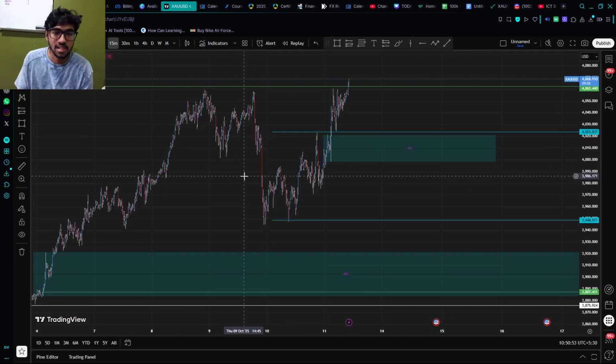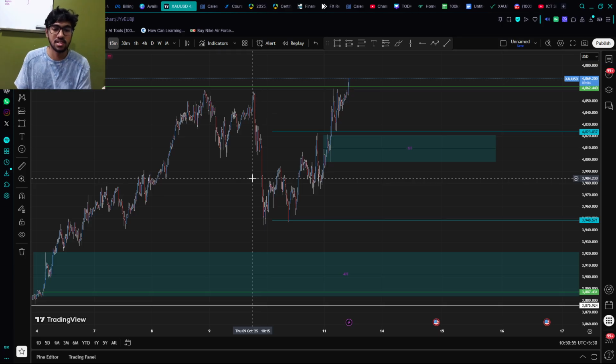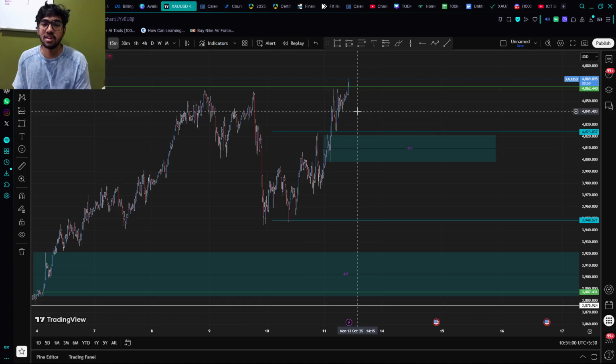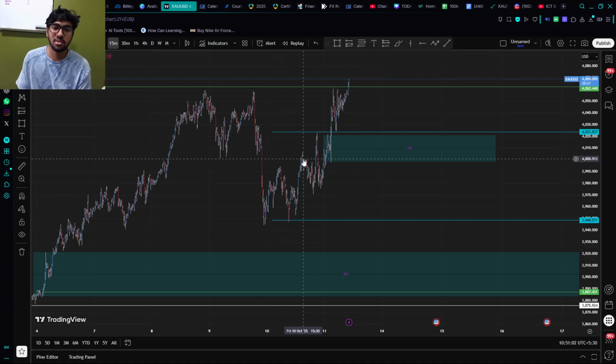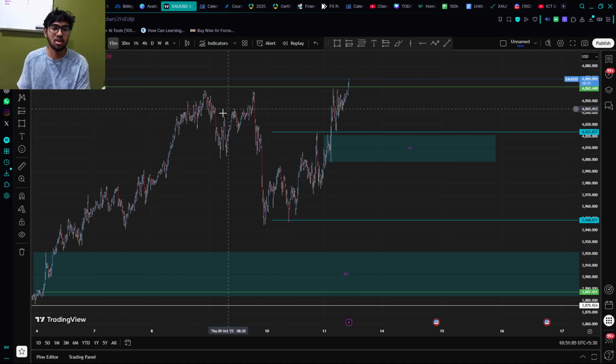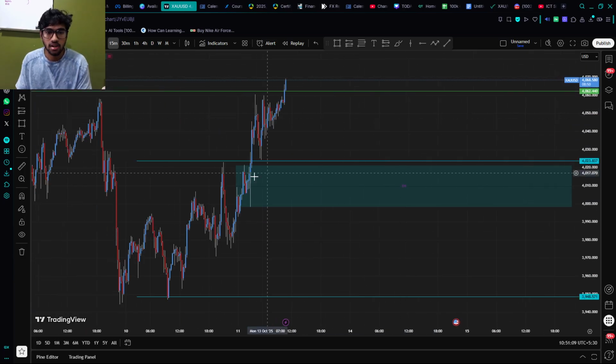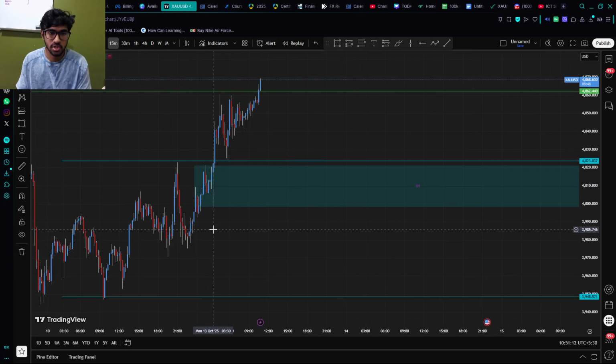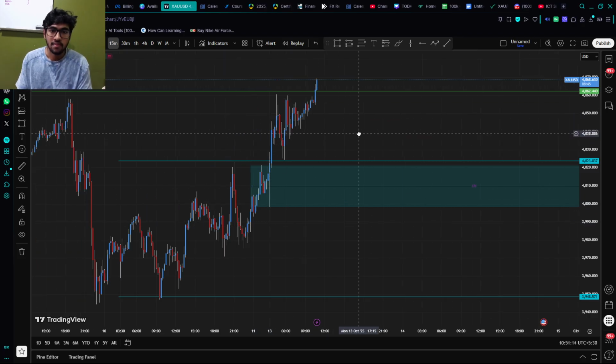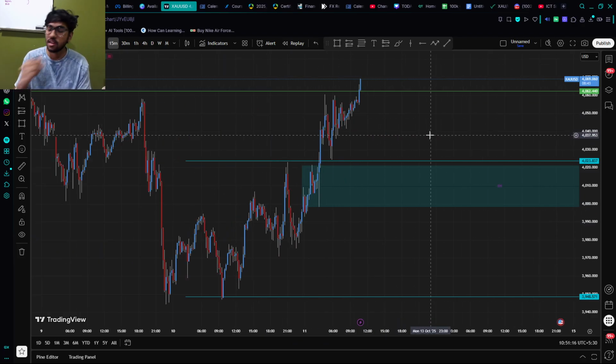We can see that price corrected towards the end of Thursday and on Friday. Price made a good correction, and on Friday we got a little bit of an up move again, like what normally happens after a price correction. And on Monday opening, we can see price shot up rapidly. That is nothing other than the US imposing their major tariffs on China.